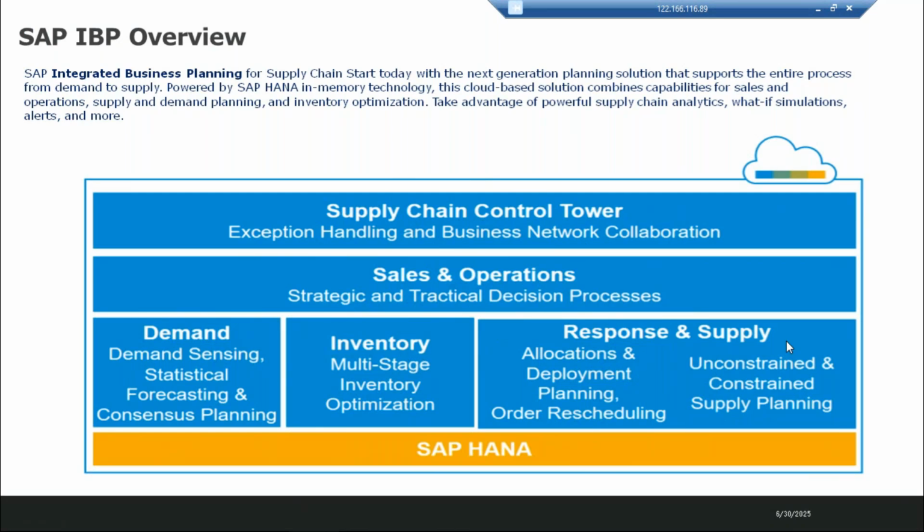Kalyan, you told O9 and Kinaxis and these things. What is the major difference between Kinaxis, O9 and IBP actually? See, functionality-wise it's more or less similar, maybe 80%. They also cover forecasting, demand planning, supply planning.